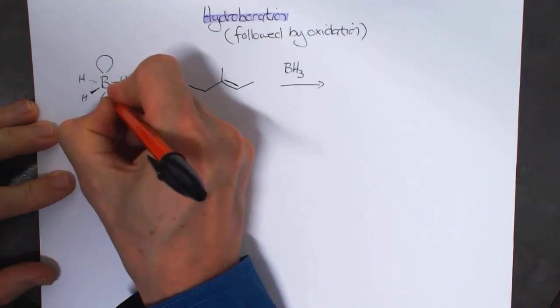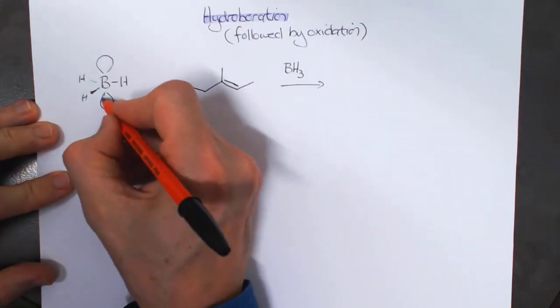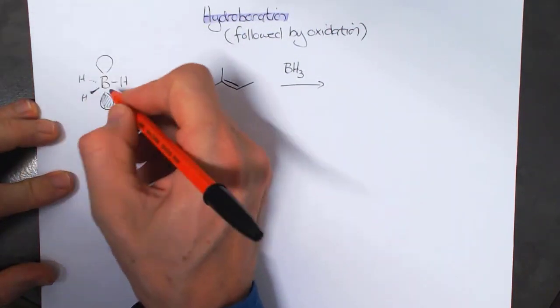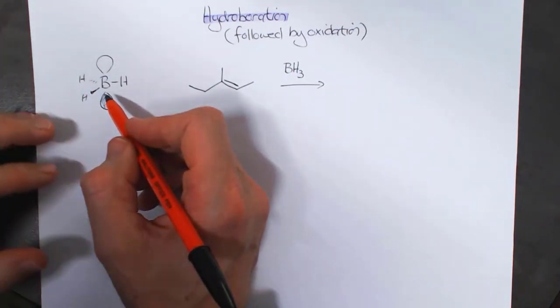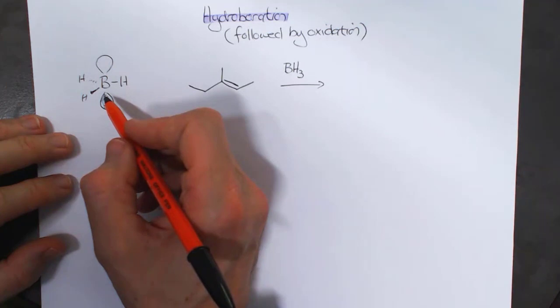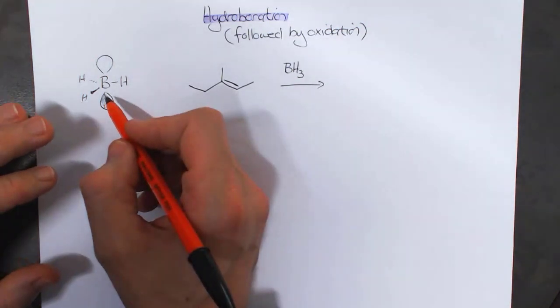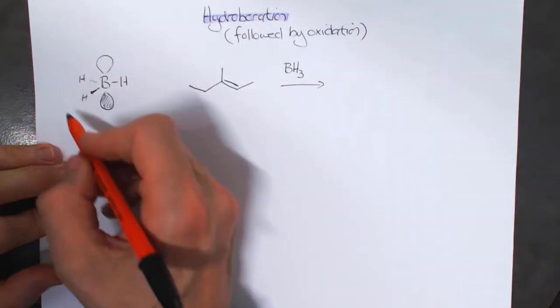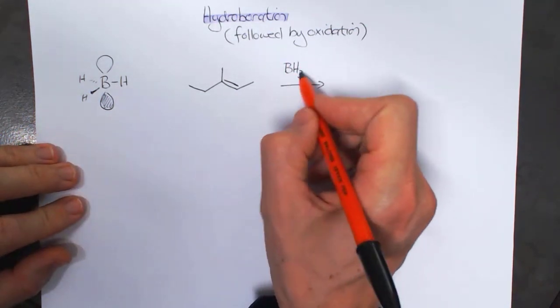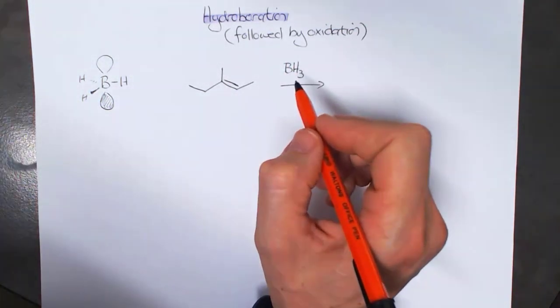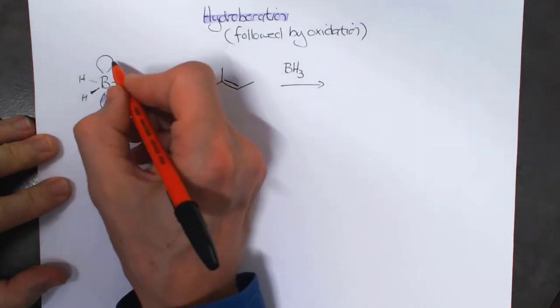It's an empty p orbital. This molecule is neutral, but we do have this empty p orbital which sits on the boron. And that empty p orbital is really the thing that defines all the reactions where we have boron. It makes boron a very good Lewis acid because it can accept electrons.